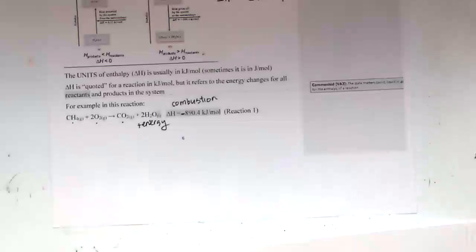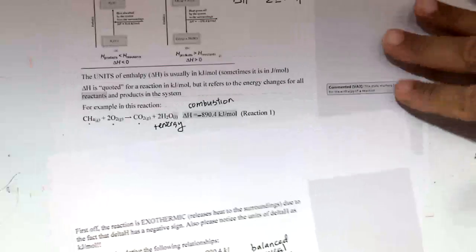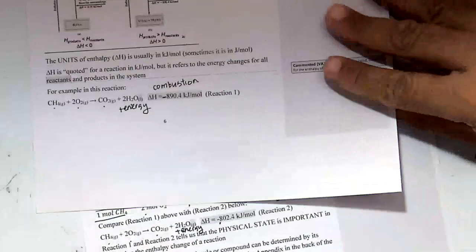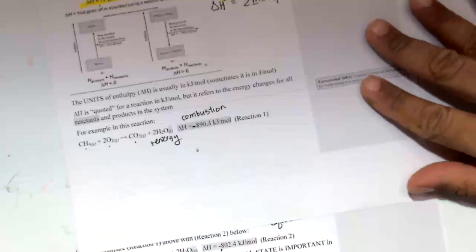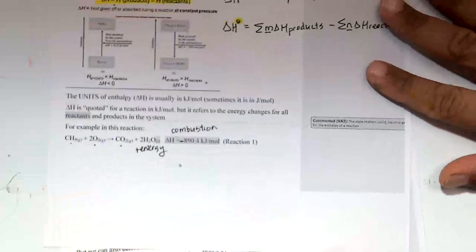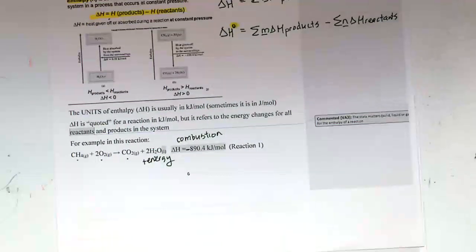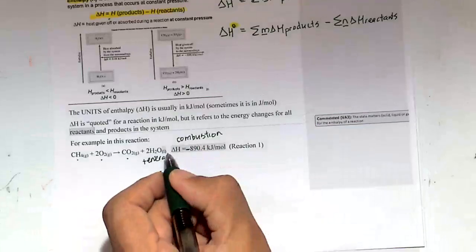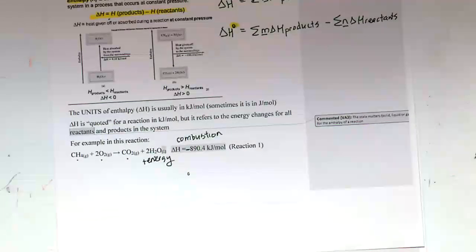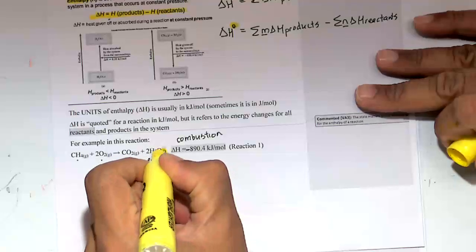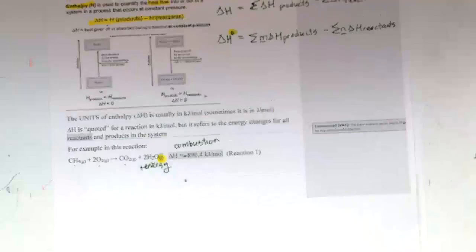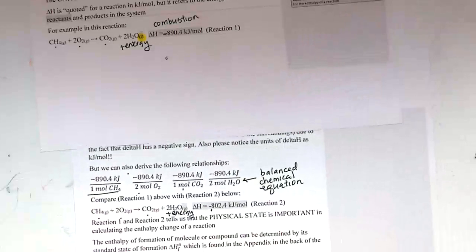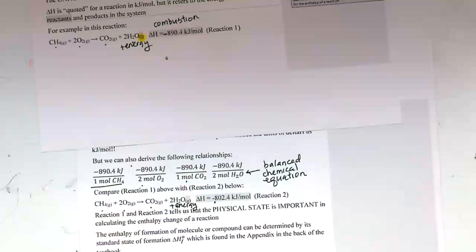So what's the difference between this reaction and this reaction here? Very good, Husong. The state of H2O. You see in this reaction, the state of H2O is a liquid. I'm not getting them to line up. But in this reaction, what is the state of H2O?